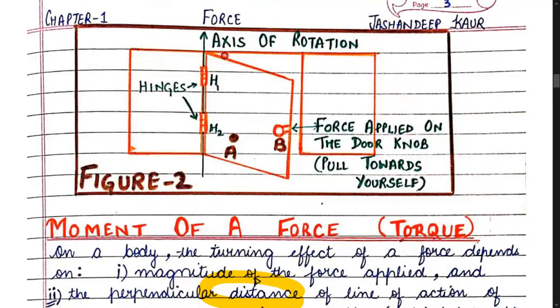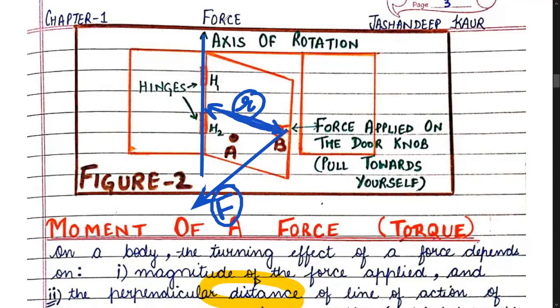For example, in figure number 2, when you are pulling it towards yourself, this is your line of action of force and this is your axis of rotation, and the perpendicular distance between these two, suppose this is R and the force applied is F. So torque will depend upon this R and F. Basically, torque is the product of R and F. So what is this R?